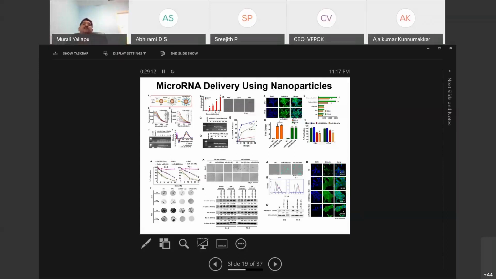Either you need to use a transfection reagent, or maybe you use some electric pulse so that they can generate pores. Therefore, these microRNAs can be delivered.